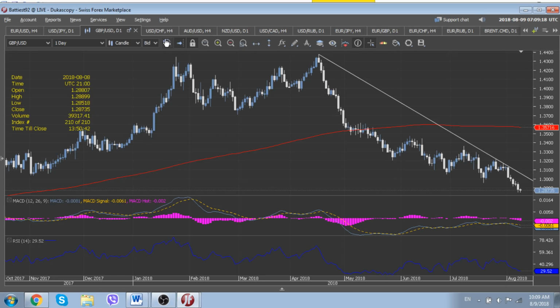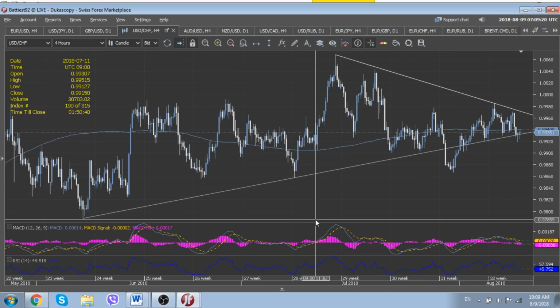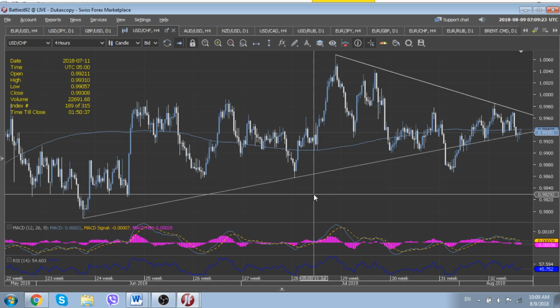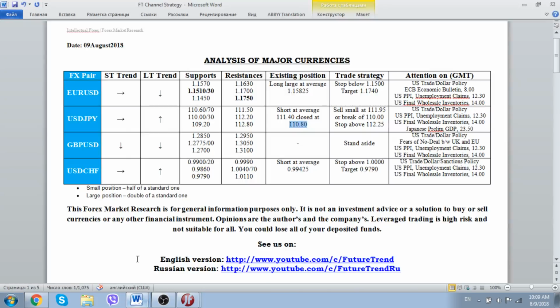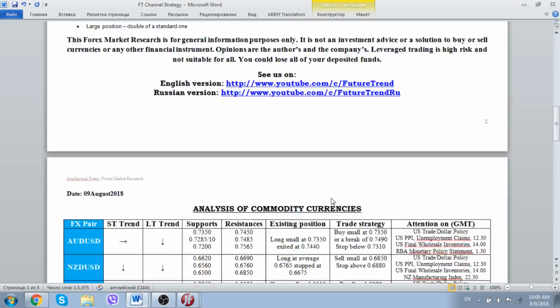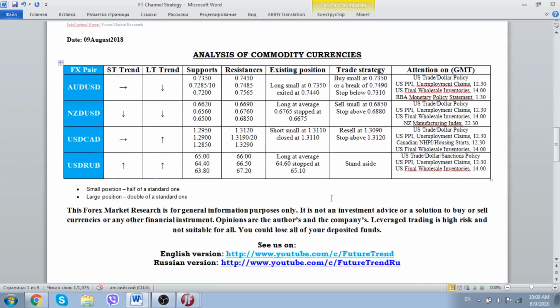Regarding the dollar Swiss, the situation still remains the same, but probably the most interesting situations we witnessed during the previous trading session were in the Kiwi dollar and in the Russian ruble. First of all, regarding the Kiwi dollar, let's see our analysis of commodity currencies.